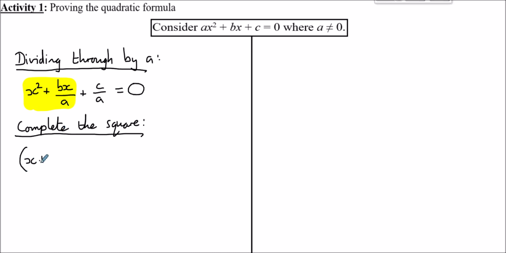If we halve b over a, that becomes b over 2a. So it's all of that squared. And then, like we've seen before, we subtract off this thing all squared. So (b over 2a) all squared is b² over 2² which is 4, a² which is a², and plus c over a, which of course equals 0. So all I've done here is rewrite this thing highlighted in yellow in the completed square form like this.